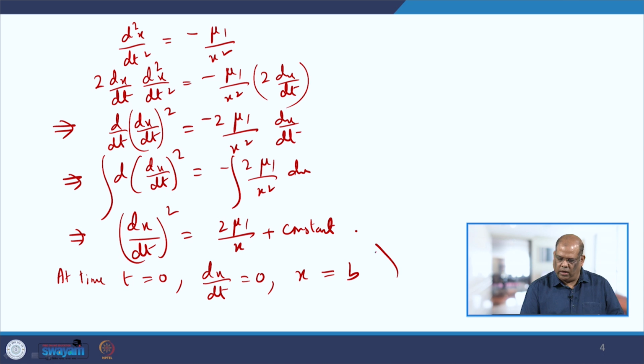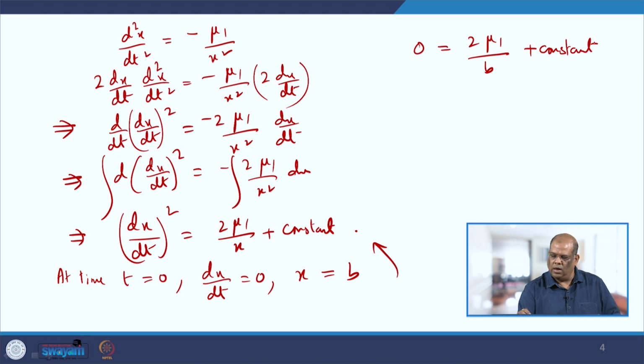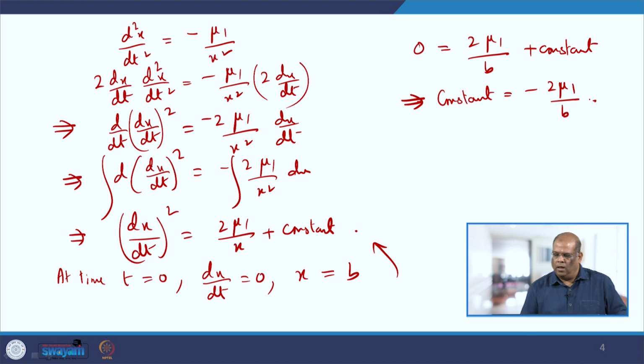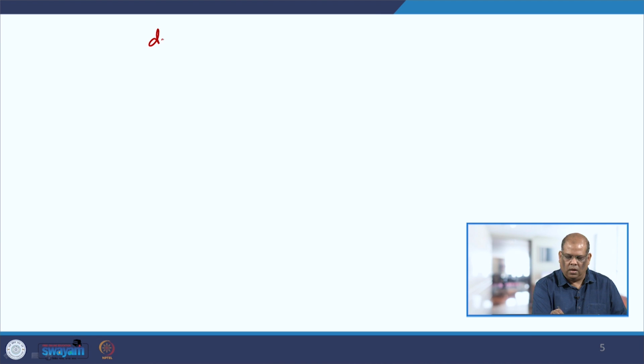If you substitute it here, you get 0 is equal to 2μ1 by b plus constant, which implies constant equal to minus 2μ1 by b. Now, you substitute this here and we get (dx/dt) whole squared equal to 2μ1 (1/x minus 1/b).